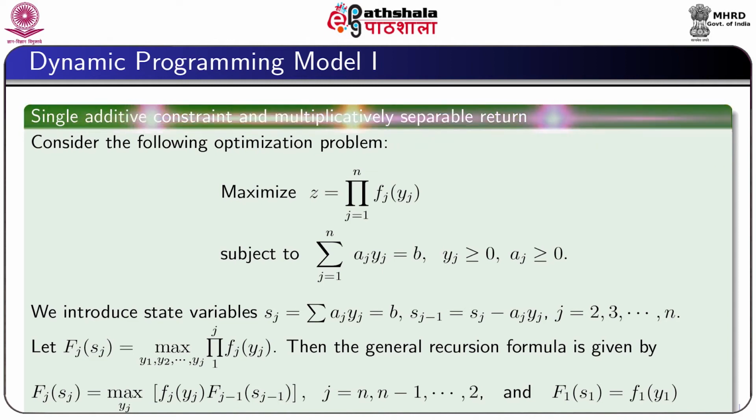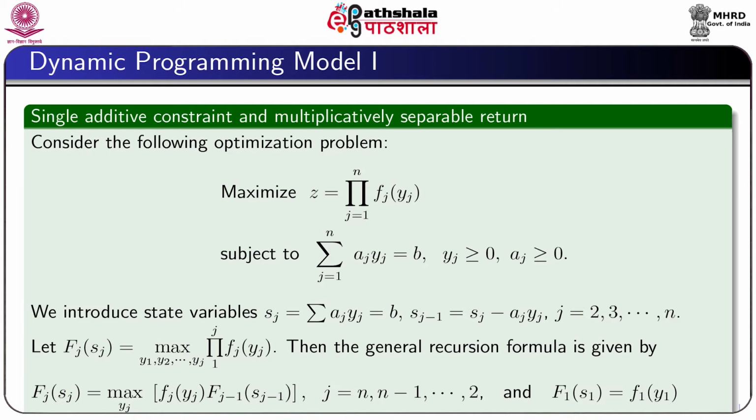Let capital Fj(sj) equal to maximum of product fj(yj), where j takes the value 1 up to j, and the maximum is considered over y1, y2 up to yj.